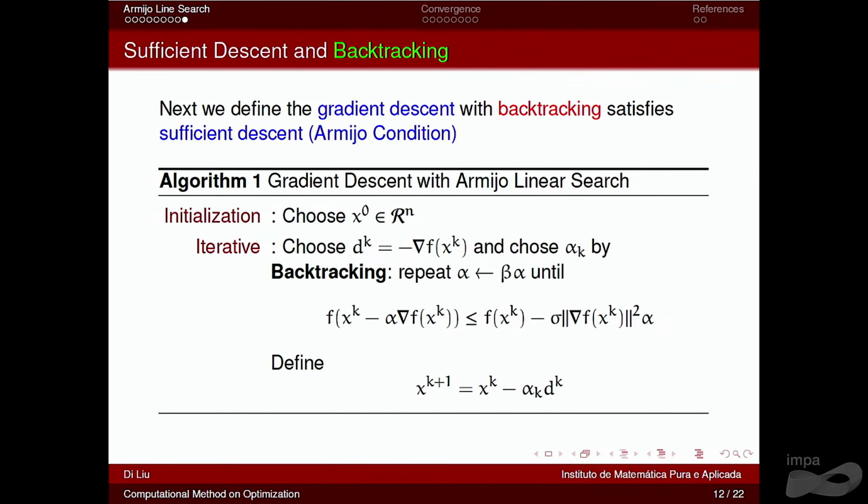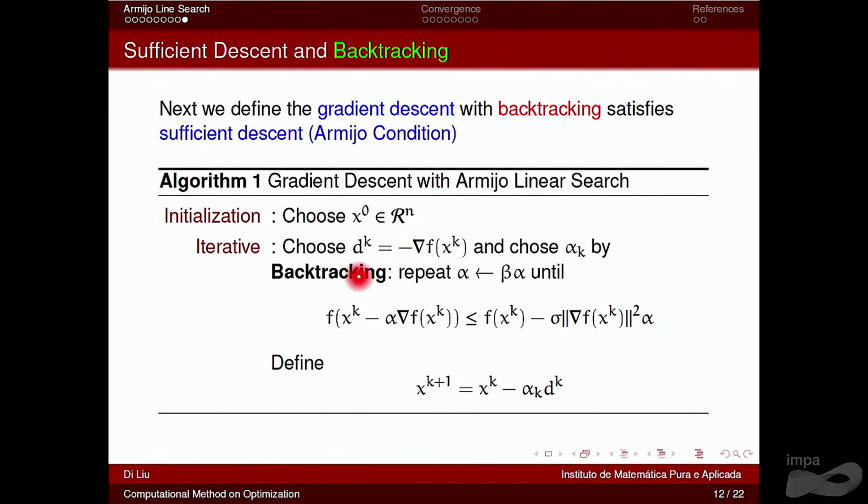Okay, so this is the algorithm which implements the Armijo line search with gradient descent, okay? So first you choose x0 belonging to R^n, and then in each iteration, first we choose the direction vector d_k as the negative gradient. After you determine the direction, you need to determine the step size. How do you determine the step size?